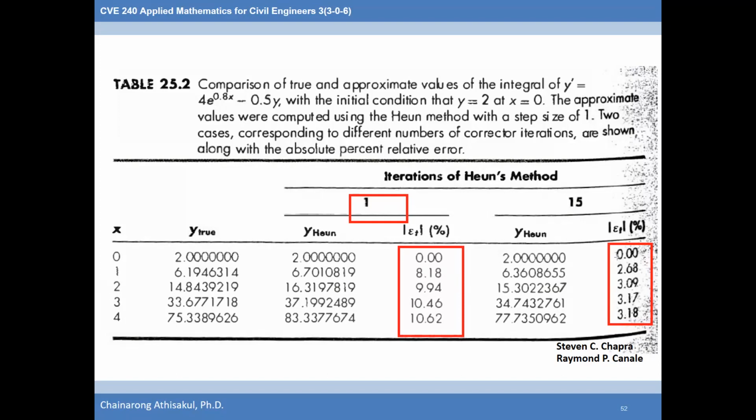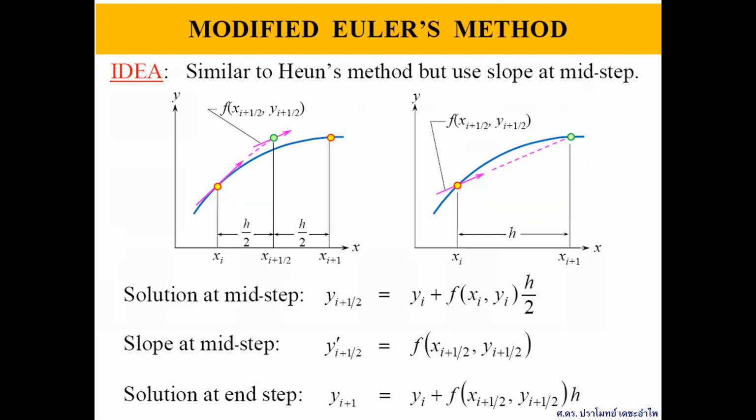But we can reduce the error by reducing the step size also. If we use a smaller step size, it may give us a better solution. Now we will move to the final one, that is the modified Euler.